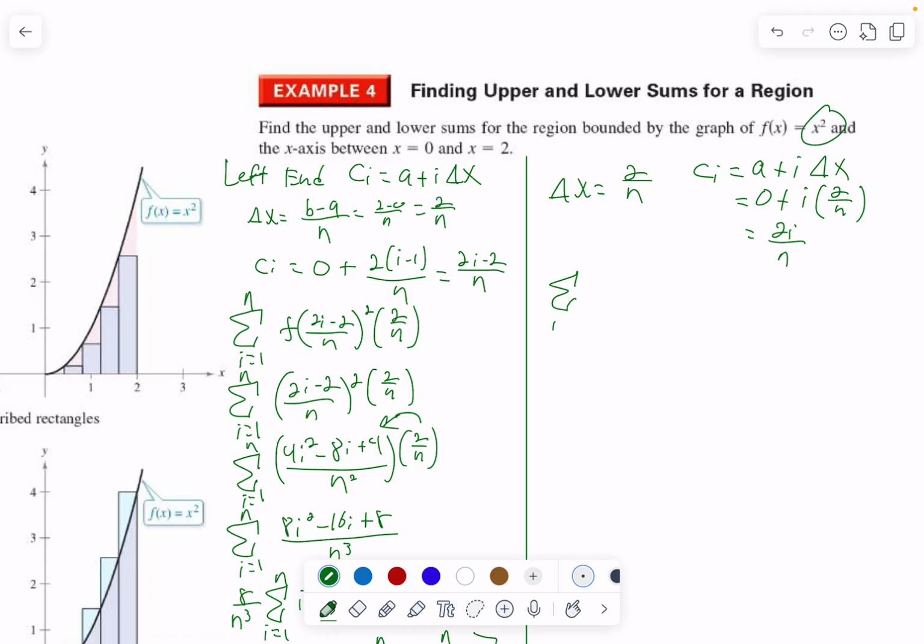So here we go. The sum from i equals 1 to n of 2i over n squared times 2 over n. Again, this gives you the height and this gives you the width of each of the rectangles. When I square that, I get the sum from i equals 1 to n of 4i squared over n squared times 2 over n.